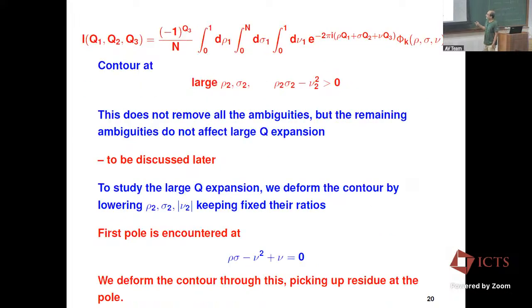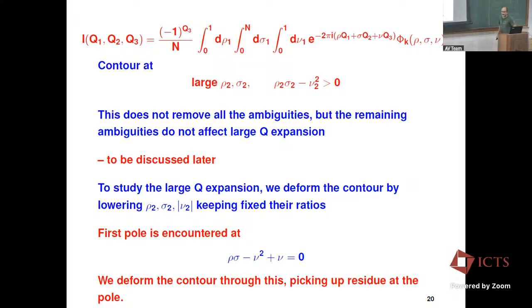So we start with this integral, and I choose the contour at fixed imaginary parts, because these integrals are over the real parts of rho, sigma, and nu. The imaginary parts we fix at large rho 2 and sigma 2, with rho 2 sigma 2 minus nu 2 squared positive.